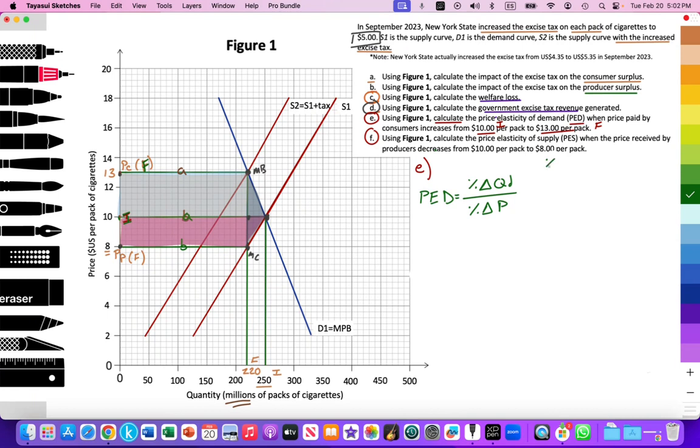And we want to remember that percent change is the final minus the initial, divided by the initial, times 100. That's why I'm marking on my exam the initial and the final. Here we have the initial of 250 million packs going down to a final of 220 million packs. So pause the video and go ahead and calculate PED, and then we'll check your work with mine. Pause the video now.